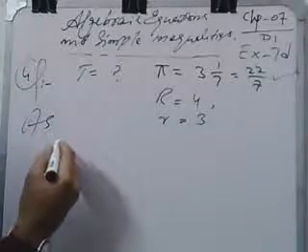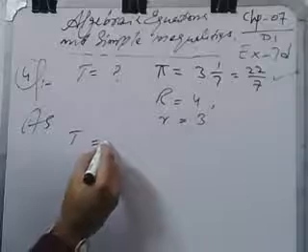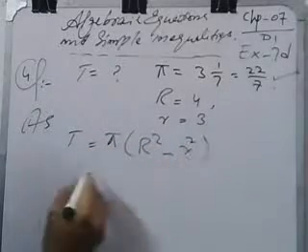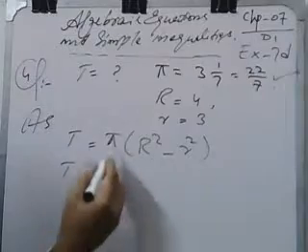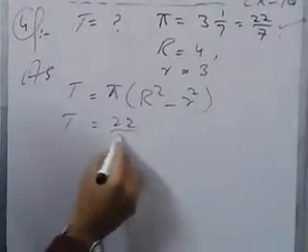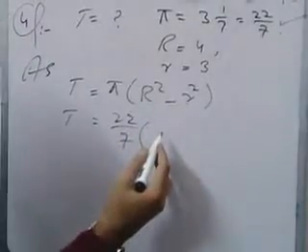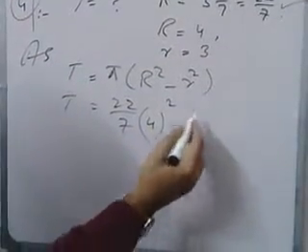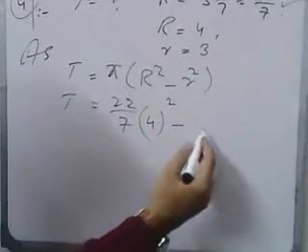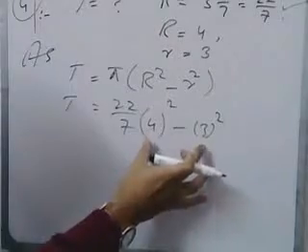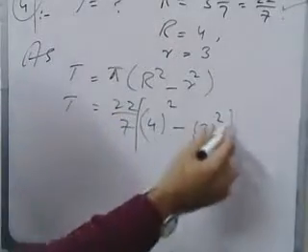The value of small r is equal to 4, and the formula is T is equal to pi into R square minus small r square. So putting the values, the value of pi is 22 by 7 and the value of R is given to you, that is 4 squared, and again minus the value of small r, which is 3 squared. My dear students, here is a bracket.